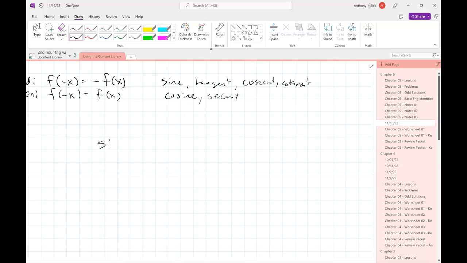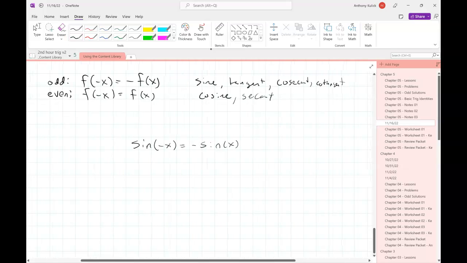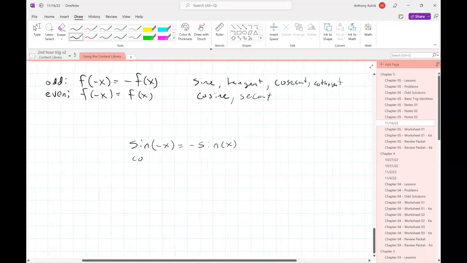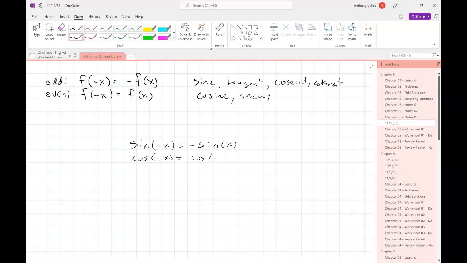So if I take these two ideas, that sine is an odd function, I can say sine of negative x equals negative sine of x. Or since cosine is even, I can say cosine of negative x equals cosine of x.